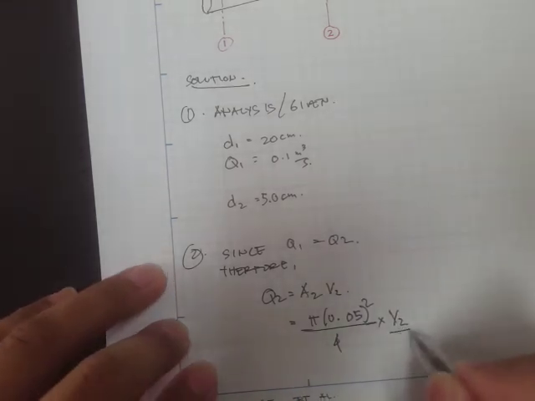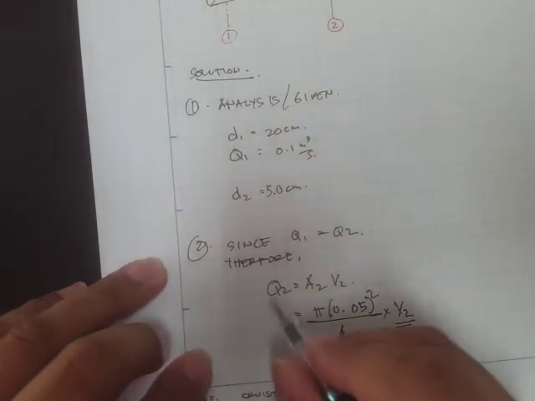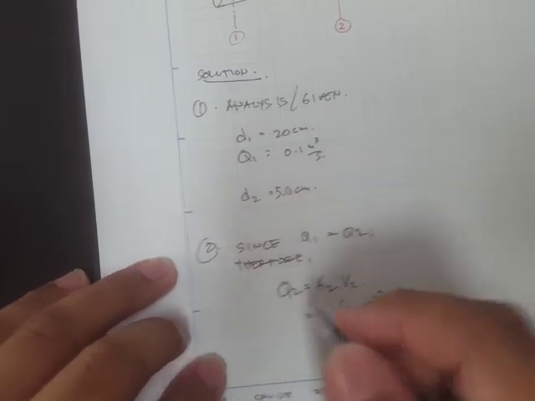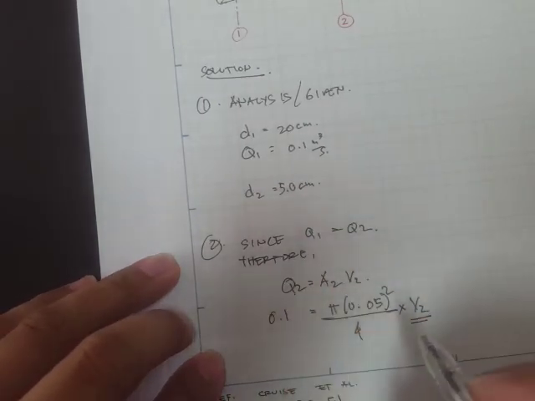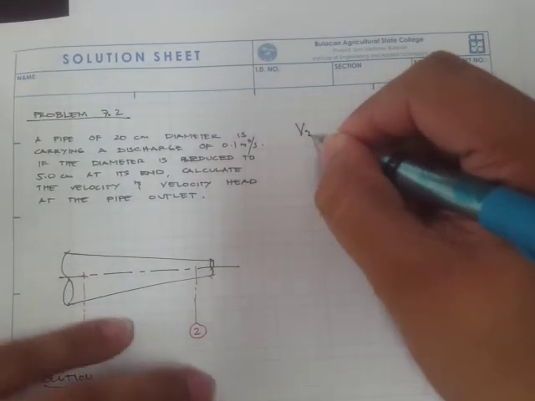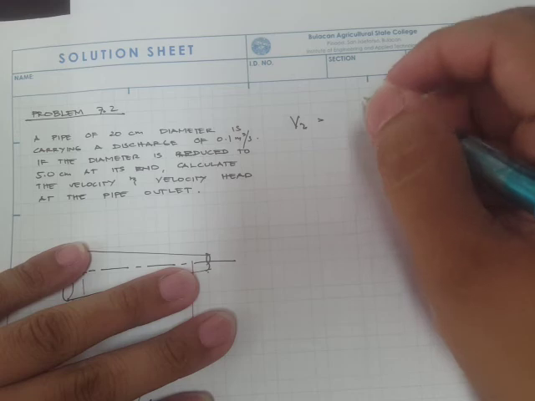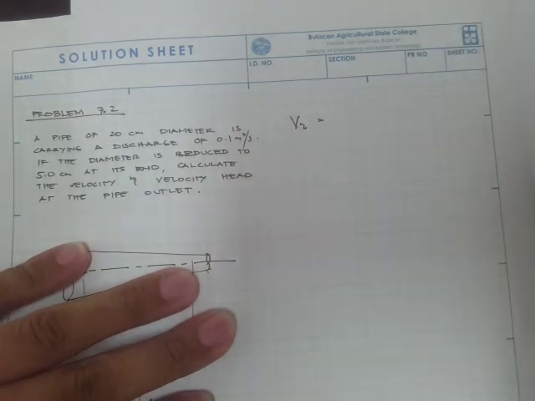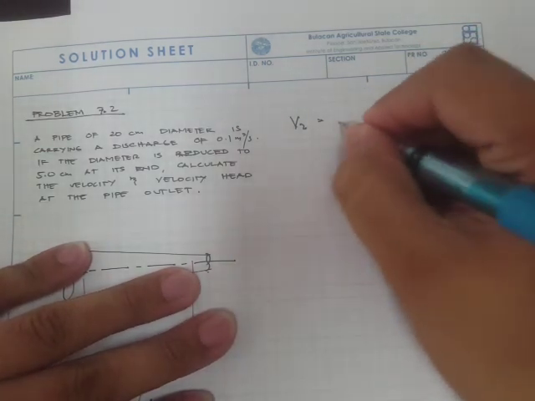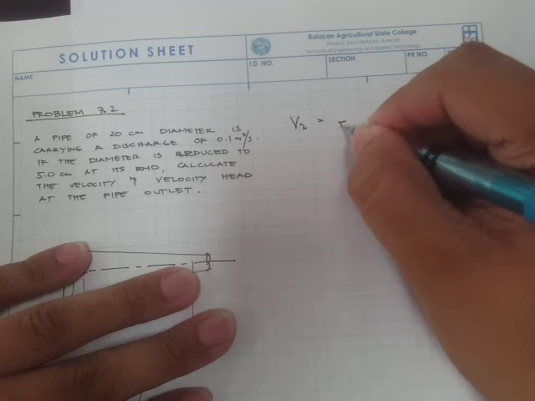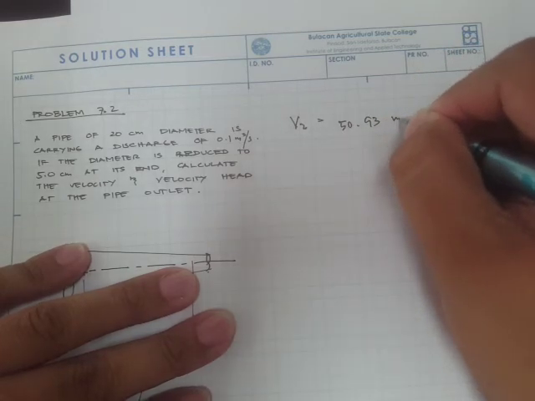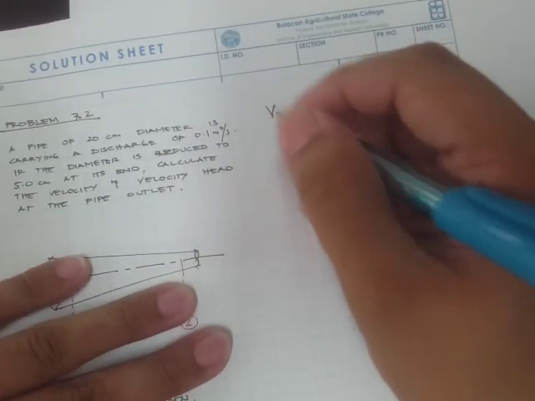This is what we are actually finding, and our Q sub 2 is just equal to Q sub 1, which is 0.1. Therefore V sub 2 is equal to 50.93 meters per second.